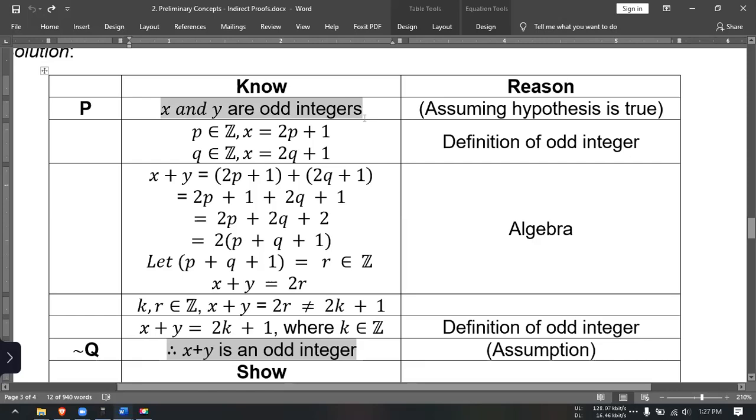Now, check whether you would go forward or backward. If you solve the proposition backward, how would you prove that the sum will be odd?